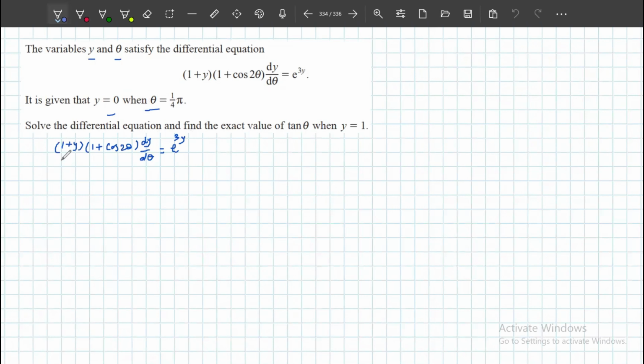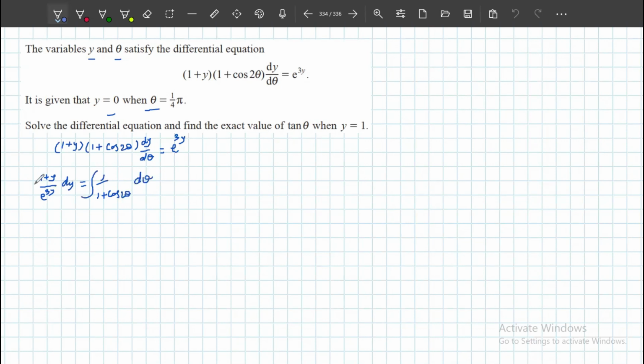Of course, with the 1 plus y we will write dy, and we will take e power 3y from right to left. It gives me 1 plus y over e power 3y dy is equal to 1 over 1 plus cos 2 theta d theta.